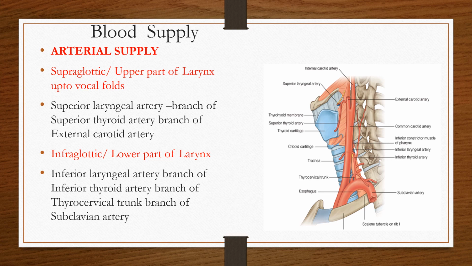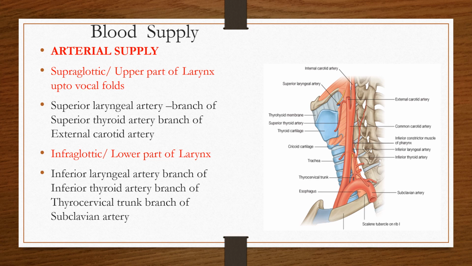Coming to the blood supply, the upper part is supplied by the superior laryngeal artery, a branch of the superior thyroid, a branch of the external carotid. The lower part is supplied by the inferior laryngeal artery, a branch of the inferior thyroid, a branch of the thyrocervical trunk of the subclavian artery.